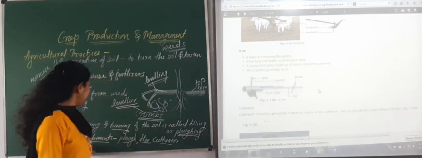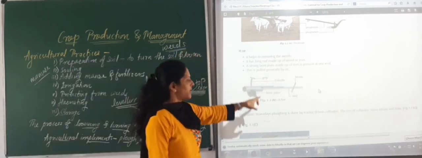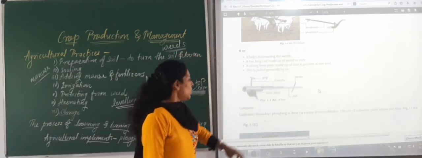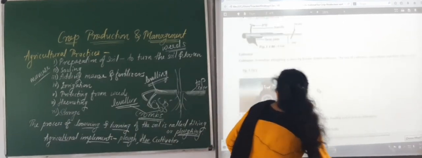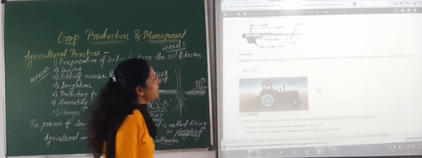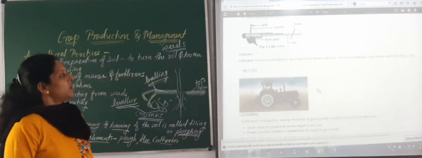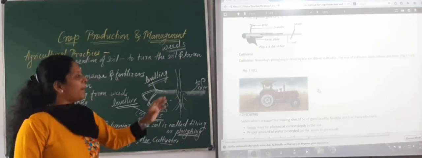These are agricultural implements. We have observed the first one, the plow, and the second one, the hoe. The next one is the cultivator. Nowadays plowing is done by a tractor.